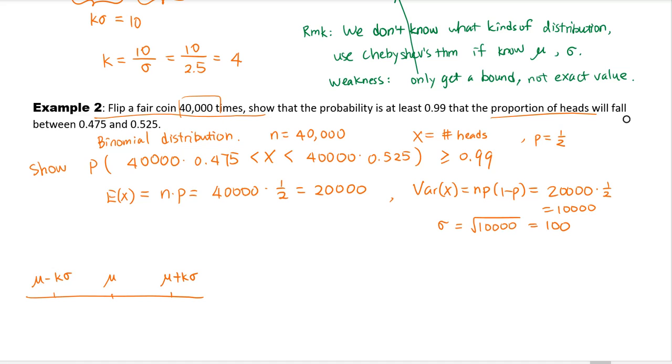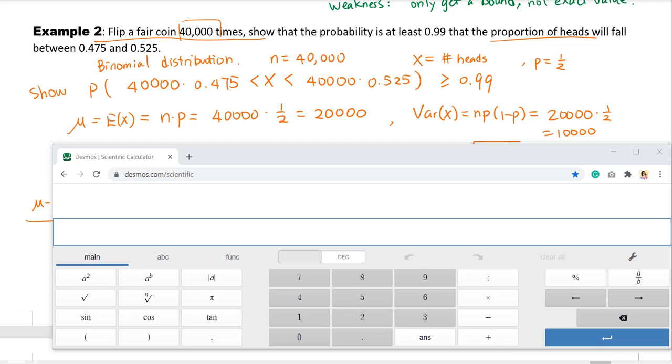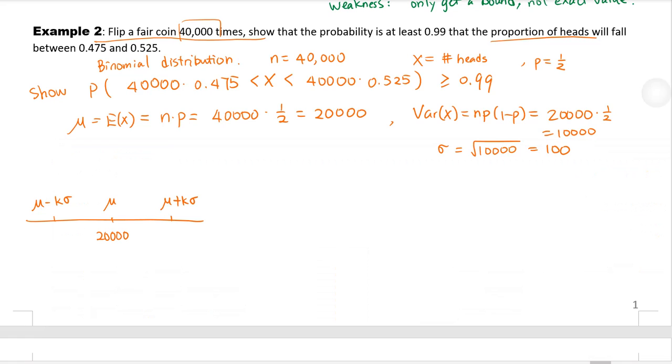In this example, mu is 20,000, and the left bound is 40,000 times 0.475, which is 19,000.